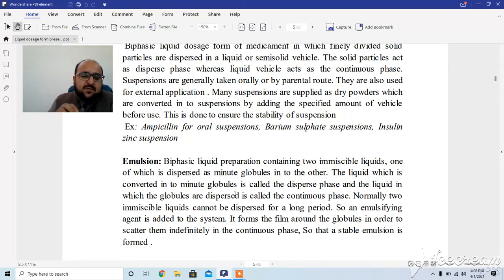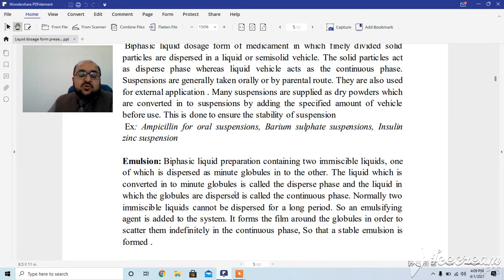One thing should be kept in mind: the dispersed phase concentration will be less compared to the dispersion medium, because in the dispersed phase there are solid particles taken in a very minute concentration, and these particles can be dispersed in a liquid medium, which is called the continuous phase.